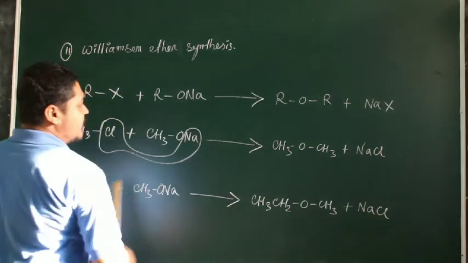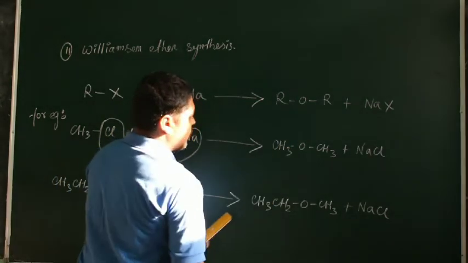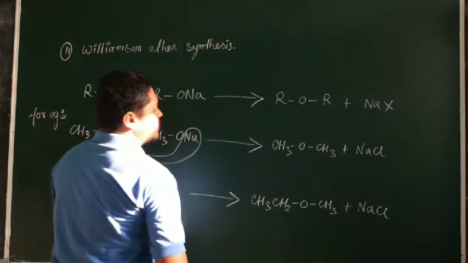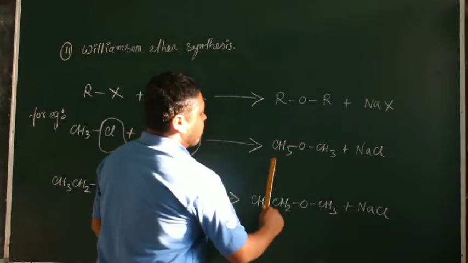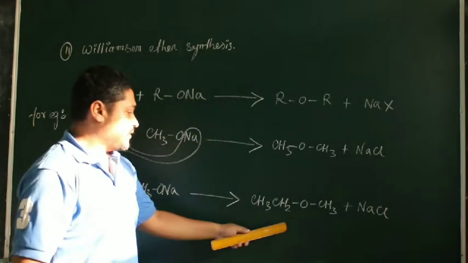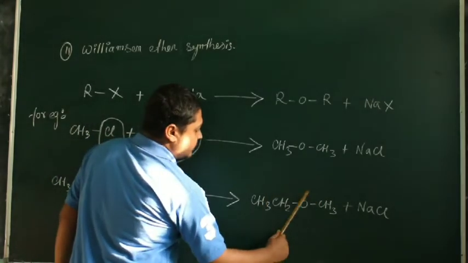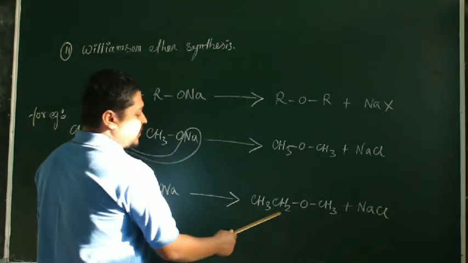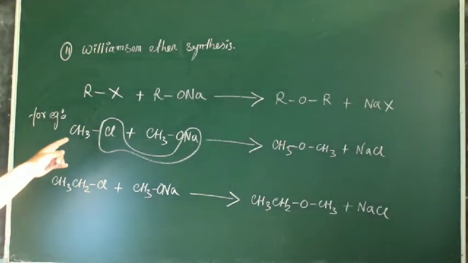When both alkyl groups on either side of the oxygen are the same, these ethers are called symmetrical ethers. But this ether is unsymmetrical because two different alkyl groups are present on the two sides. So both ethers can be prepared by this Williamson ether synthesis.